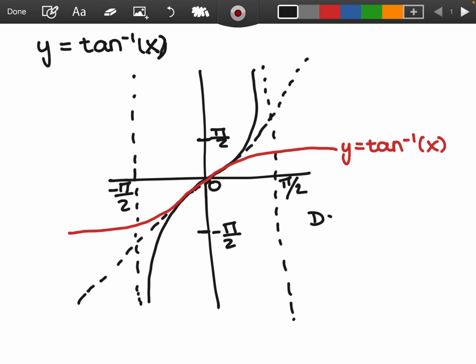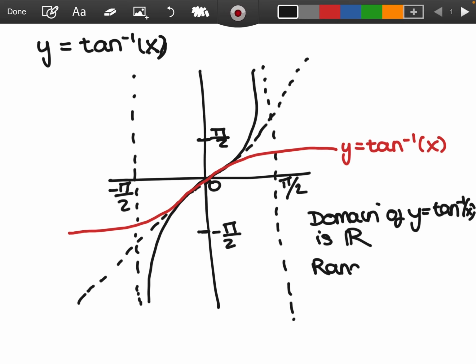So that means, let's look at the domain and range of tan inverse. The domain of tan inverse is going to be the range of tan of x. Now, the range of tan is all real numbers. Okay, it goes all the way down to -infinity up to +infinity. So the domain is all real numbers.